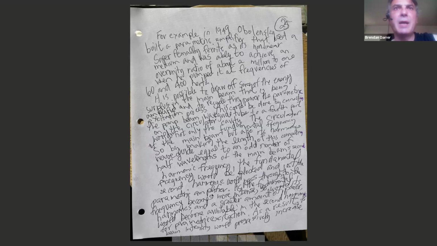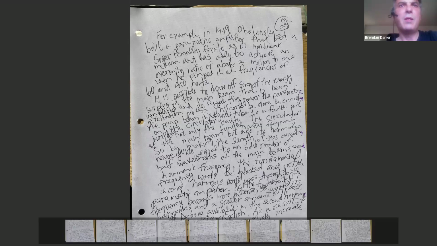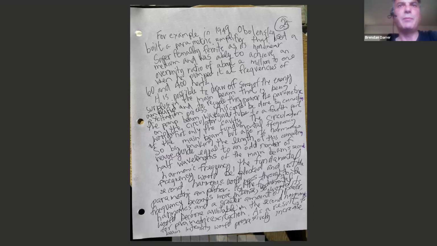As the fundamental frequency becomes more intense, so would its harmonics, and a greater amount of power would become available in the second harmonic for parametric excitation.